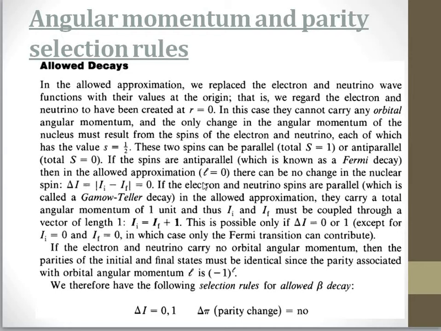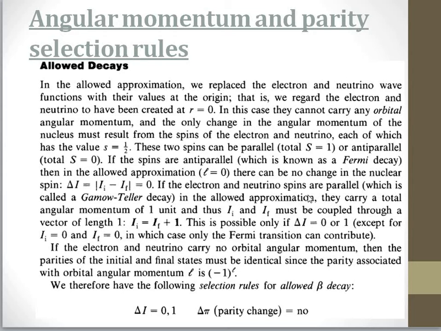So if the electron and neutrino spins are parallel, the total spin angular momentum S is equal to 1. At that time, they will take away the spin difference between the parent and daughter nuclei by 1.